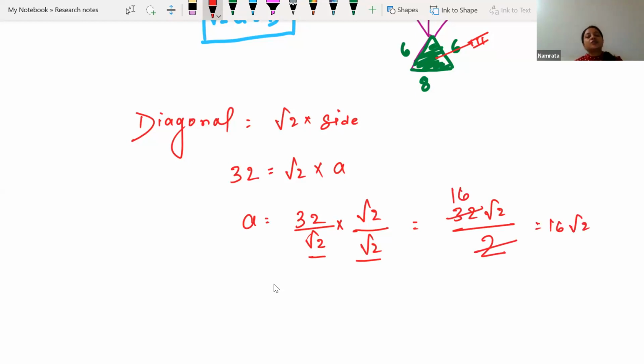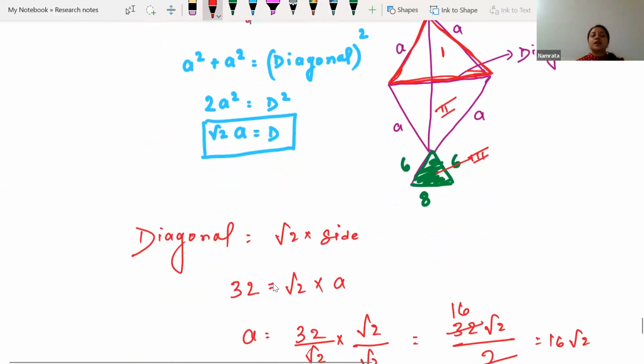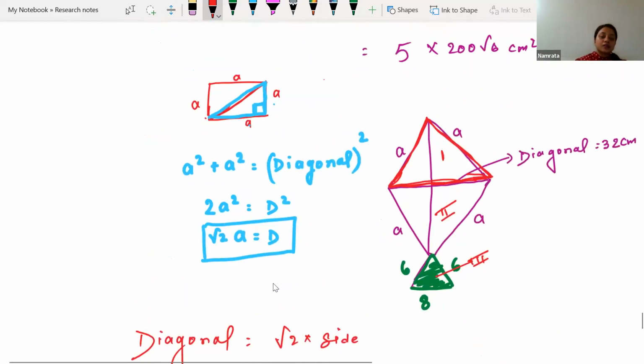Now, if we know the side of the square, why go for that part, this part area? Directly we can find the area of the square. Okay, let me read the question again. Is it asking about the total area or what? So here it says a kite, and it says how much paper of each shade has been used in it.